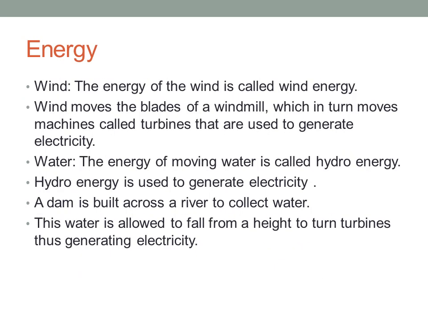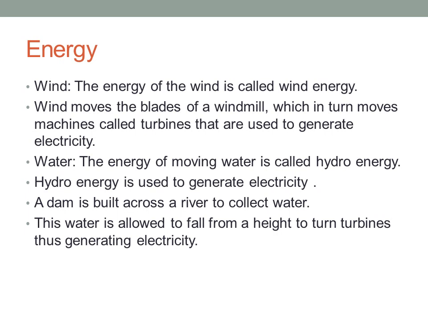And then wind energy. The energy of the wind is called wind energy. Wind moves the blades of the windmill, which in turn moves machines called turbines that are used to generate electricity.